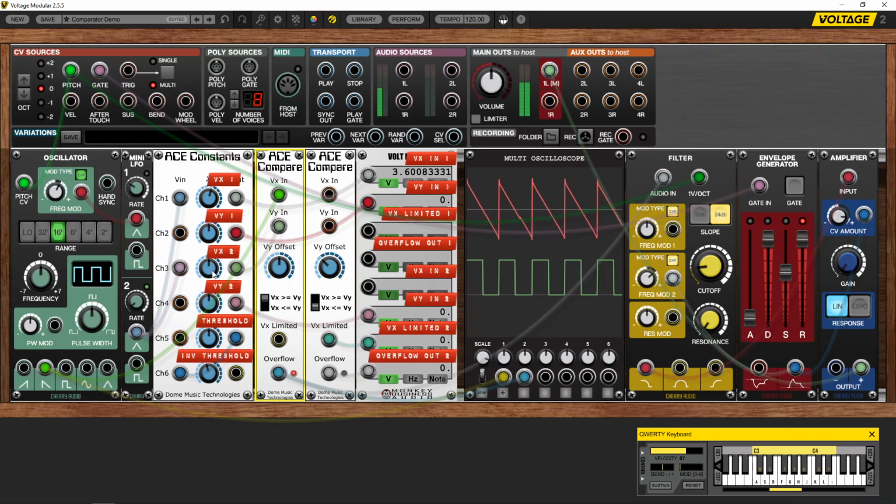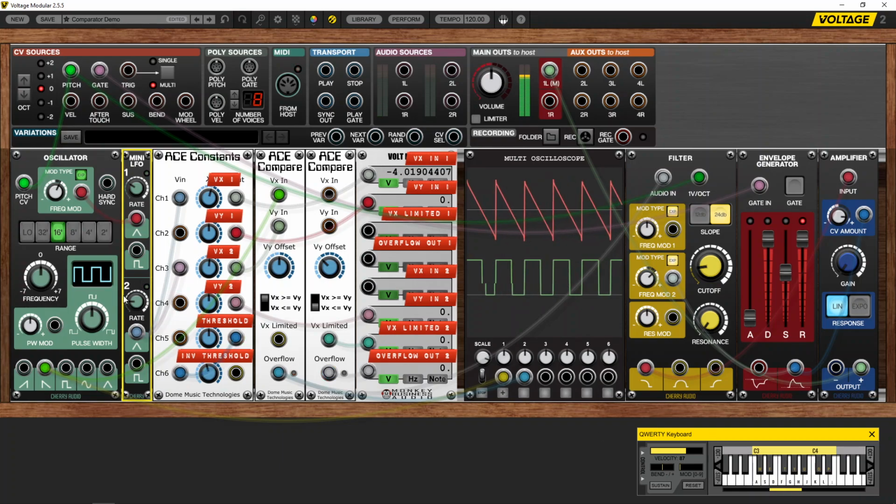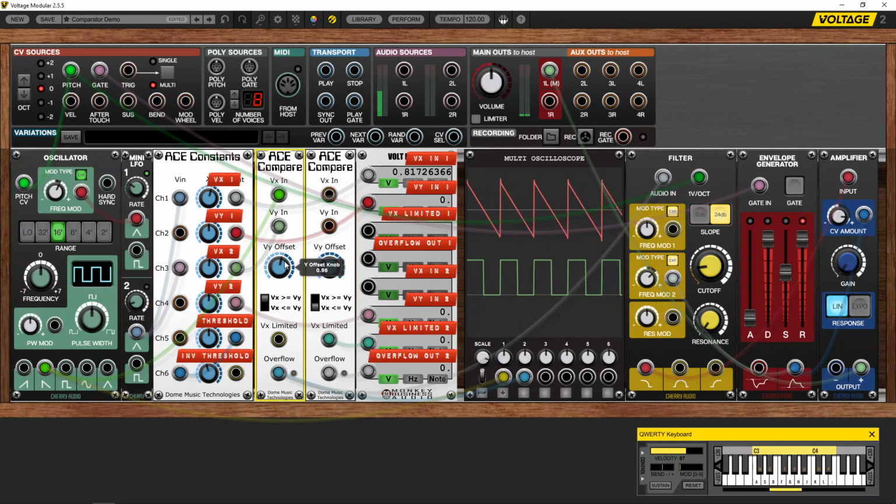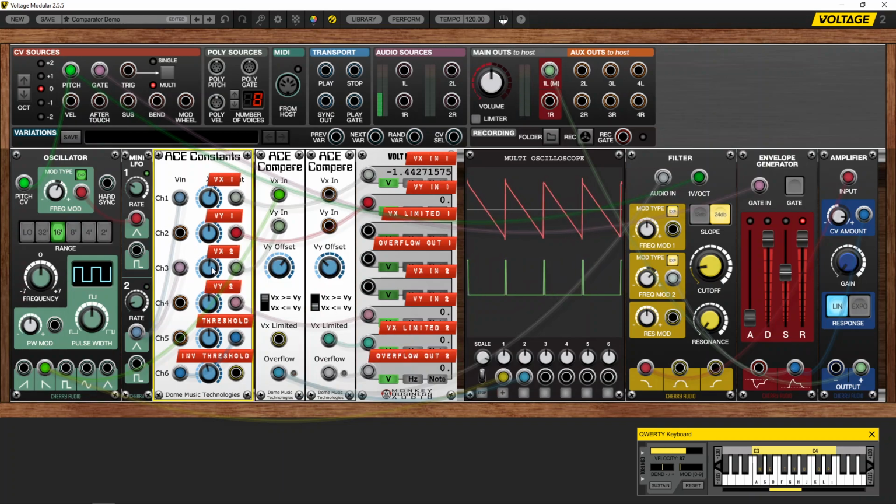Then if we increase the PWM, that's controlled by the rate of the LFO. And you can also change the basic pulse width, and adjust the PWM level.